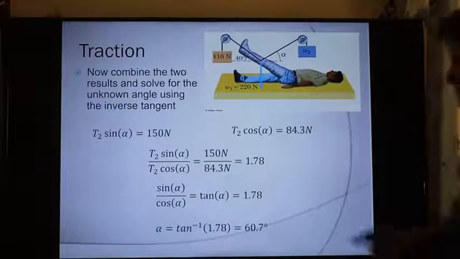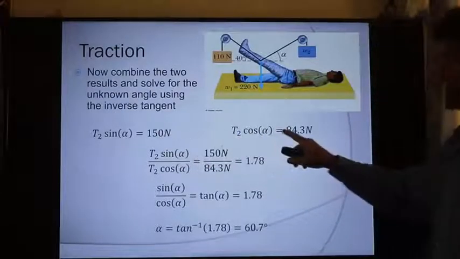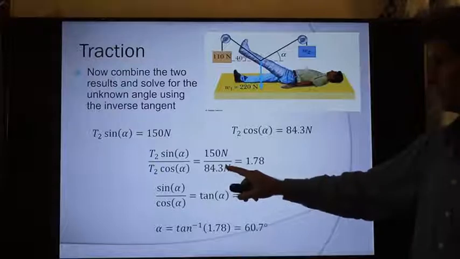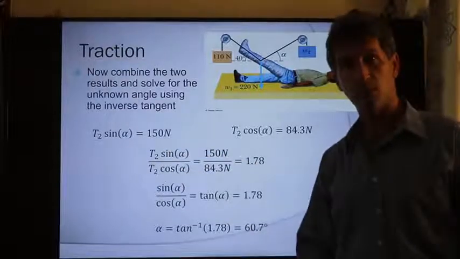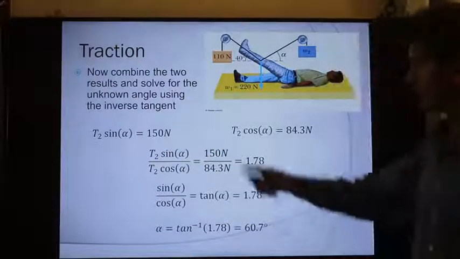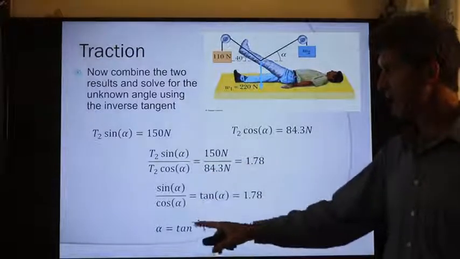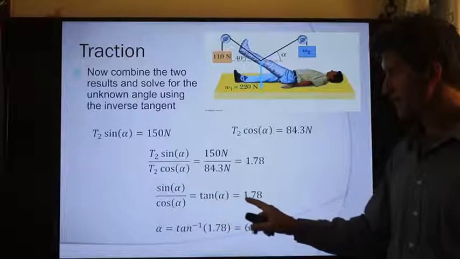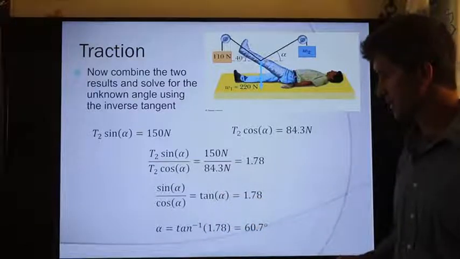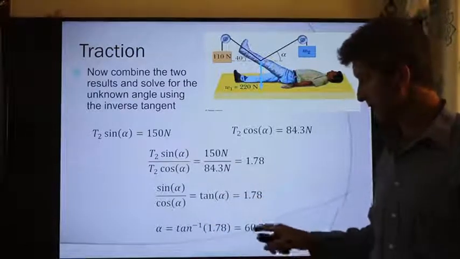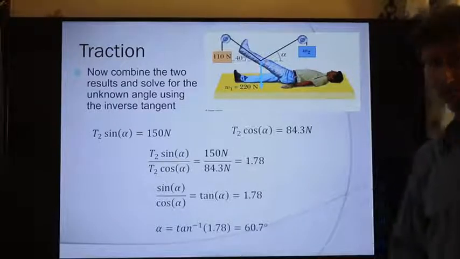Here's how this works. This equation divided by this equation sets me up right here. Notice T2 cancels out. Okay? I'm left with sine alpha over cosine alpha. Sine alpha over cosine alpha is tangent alpha. Tangent alpha equals 1.78. So I use the inverse tangent to find the angle, 60.7 degrees.